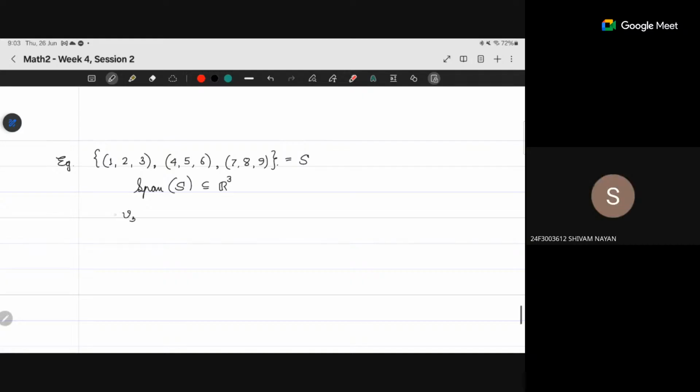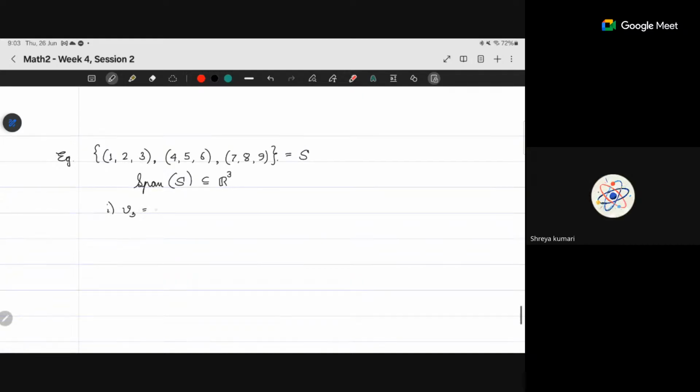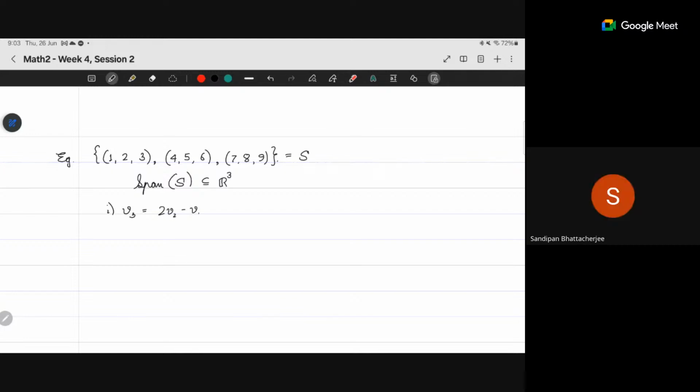So first thing we do is we can use the reduction method also. So we can use Gaussian elimination, right? Yeah, but we have not discussed that so far. Otherwise, you can take the determinant of this 1, 2, 3, 4, 5, 6, 7, 8, 9. You can check that this is 0, which means that this is linearly dependent.